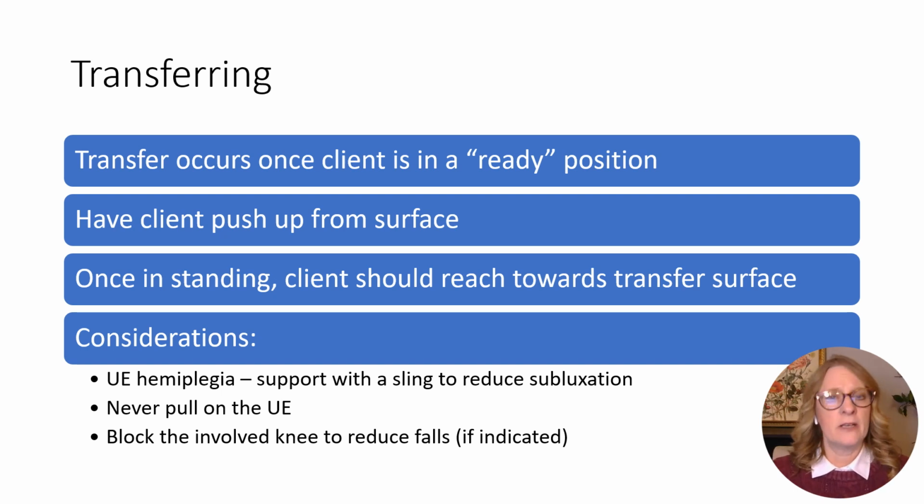But keep in mind, slings provide a lot of safety and prevent that upper extremity, especially if it's flaccid, from being injured further. But slings are not necessarily indicated for prolonged use. Never ever pull on the upper extremity, not just the affected, but the non-affected as well.